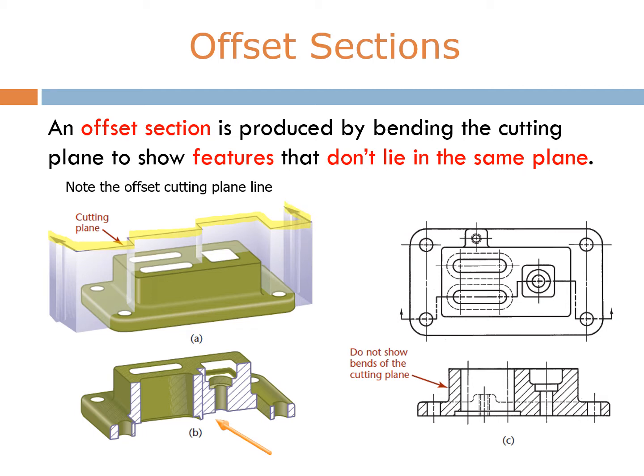As we mentioned previously, if you look at the previous lecture or video, the cutting line tells you where you view the object. So the arrow points to the perspective the viewer is looking from. Your view should be on the opposite side of the cutting arrow.